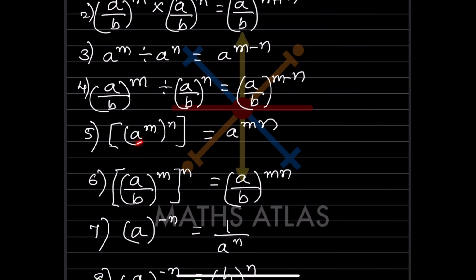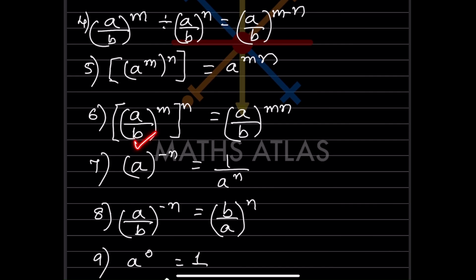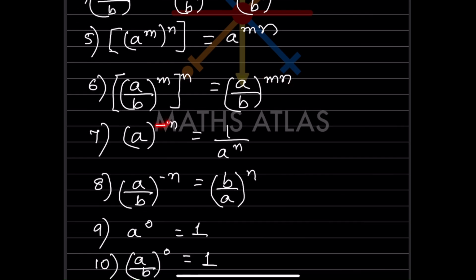Now see here, a raised to m, whole raised to n, should be multiplied, so this will be a raised to mn. Same over here in the fraction, it will be mn. Now this is a negative index.